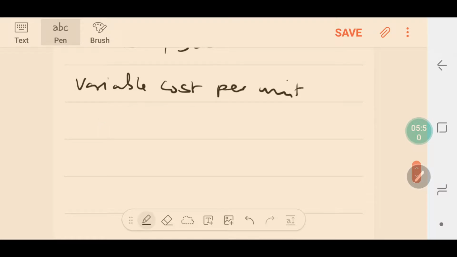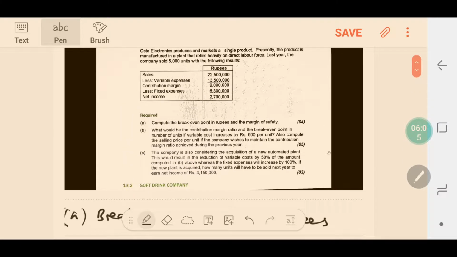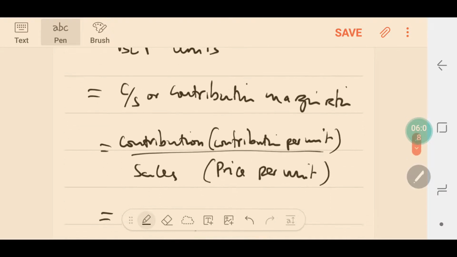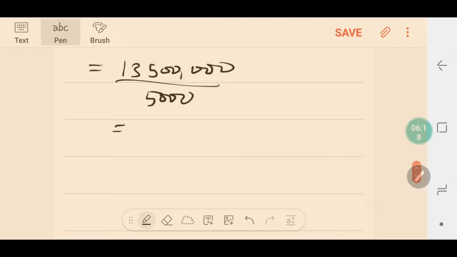Before the change in variable cost as shown in part B, variable cost per unit was 13,500,000 divided by 5,000, which you will get 2,700.